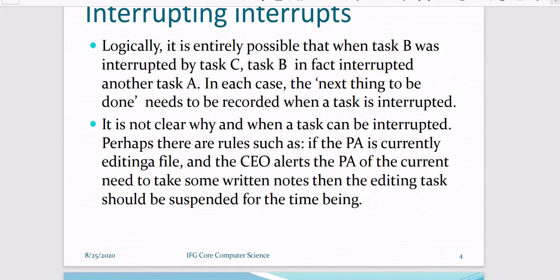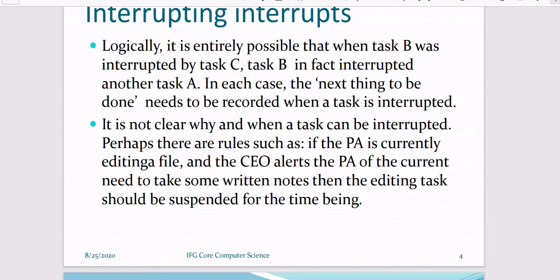So logically, it's entirely possible that when task B was interrupted by task C, task B in fact interrupted itself another task, third task A. And in each case, the next thing to be done needs to be recorded when a particular task is interrupted.